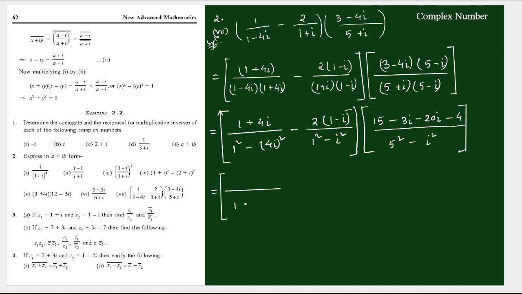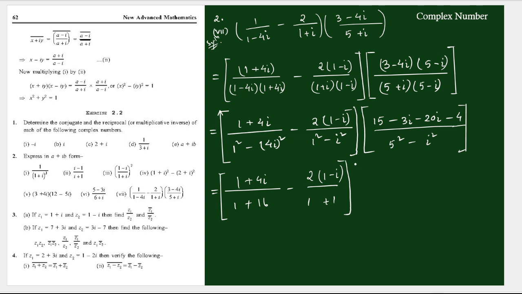1 square minus 4 square is how much? 16. i square is minus 1, so minus into minus is plus, 1 plus 4i. Here we get 1 square is 1, i square is minus 1, minus into minus plus 1, 1 plus 1 is 2.